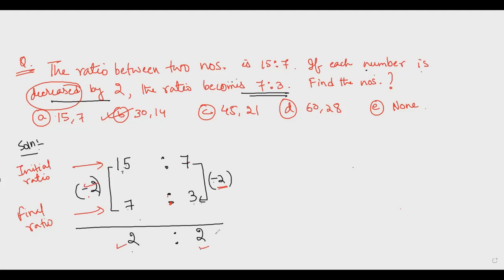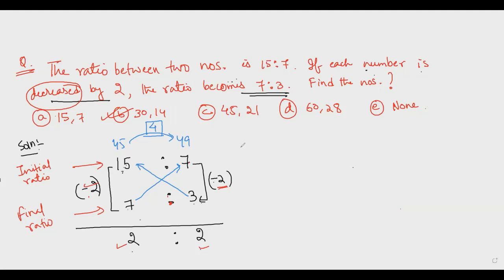Okay, first method. Now what we have to do is cross multiplication: 3 times 15 is 45, 7 times 7 is 49, and then the difference is 4. Okay, up to this it is okay.